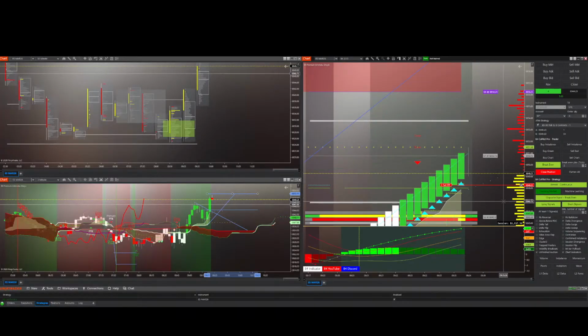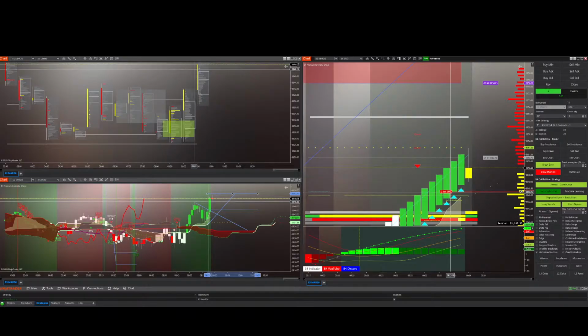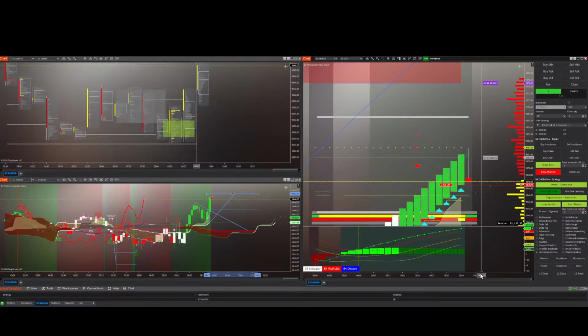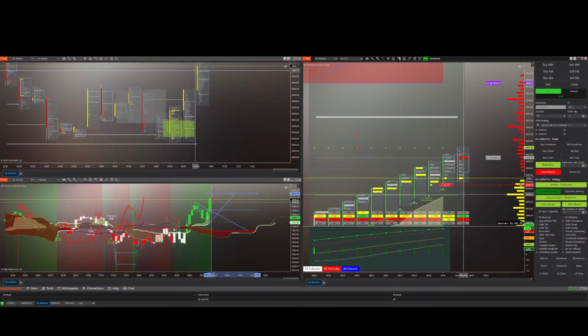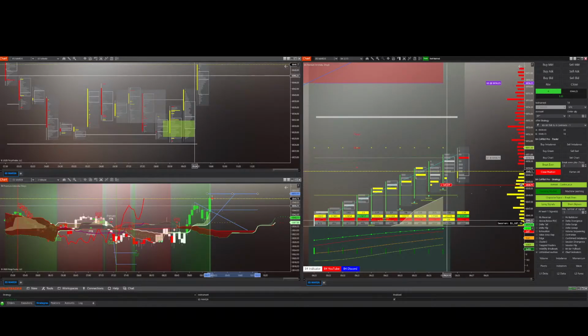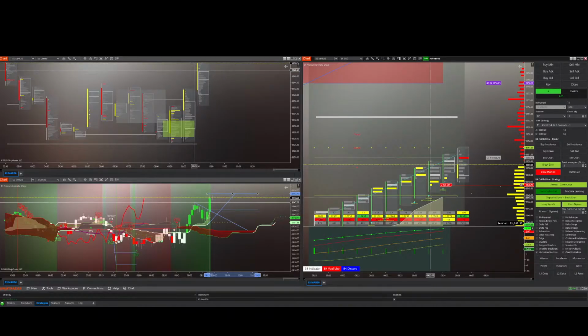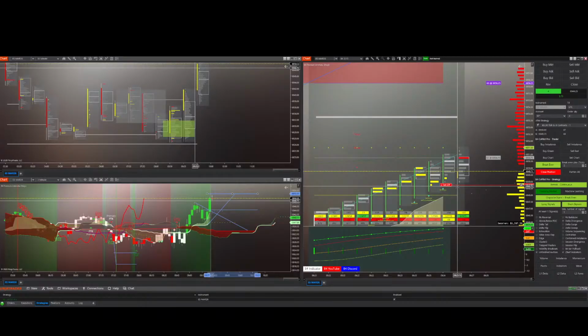Stop filled. Zoomed in here to get a better look at where the volume was, so I knew where to protect my position.